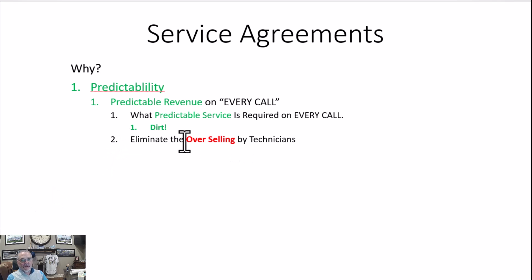Eliminate the overselling by technicians. Too many technicians I know of and have seen, and I've seen a lot of companies over the years here. Technicians want to oversell because they don't understand the dirt is present, and the cleaning is present.